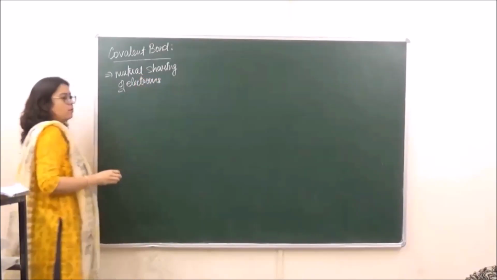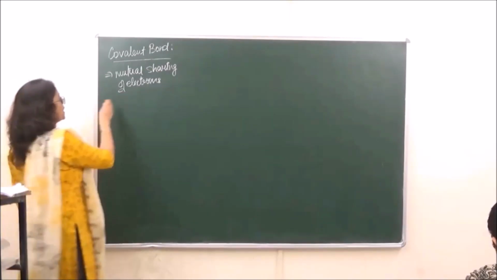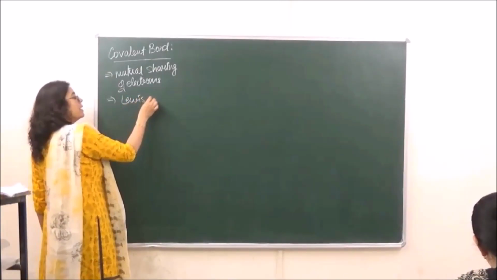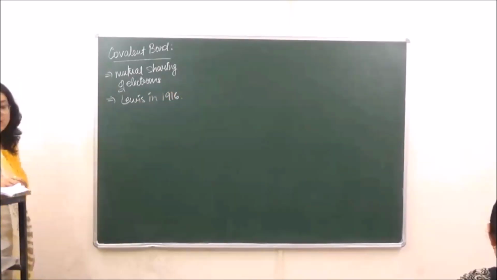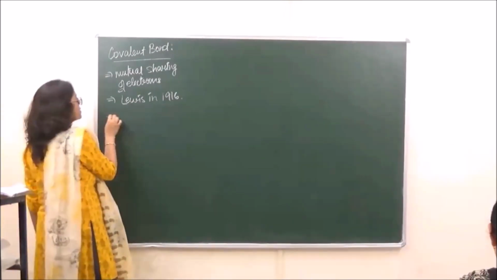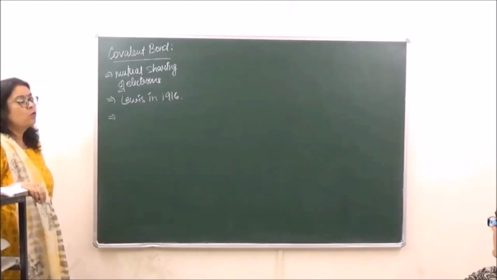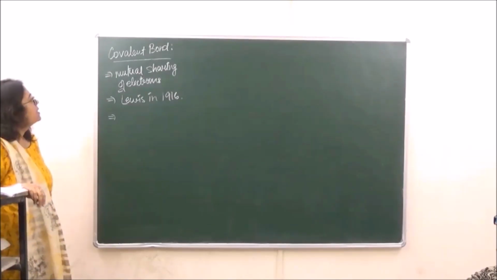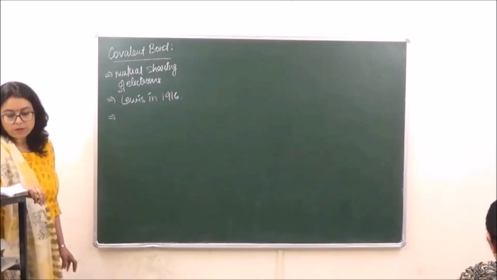This covalent bond concept was proposed by Lewis in the year 1916. According to this concept, there are certain atoms which do not have the tendency to gain or lose electrons. So rather than gaining or losing electrons, they tend to share the electrons. That is going to form a covalent bond.